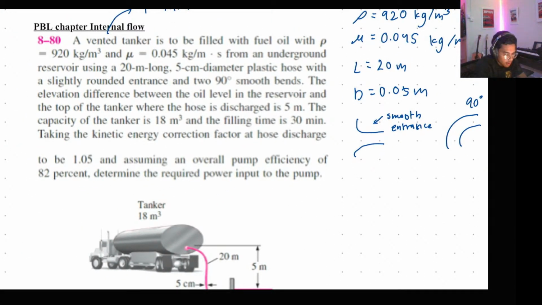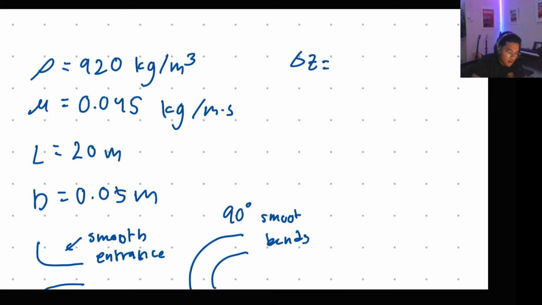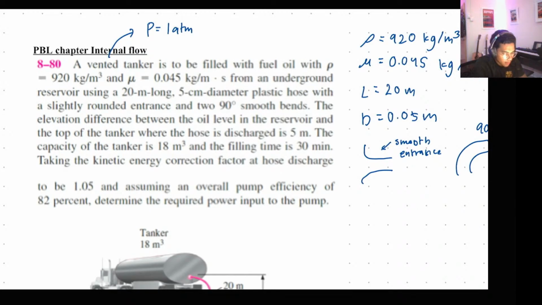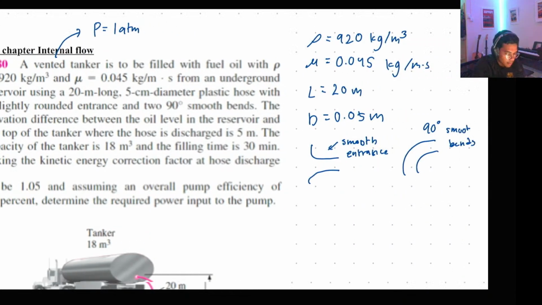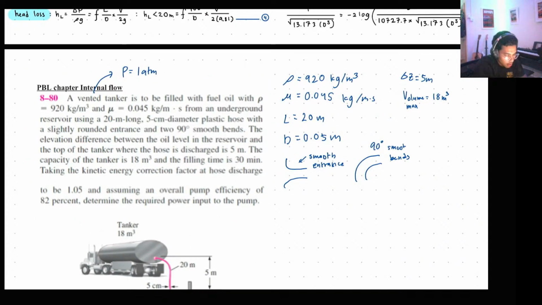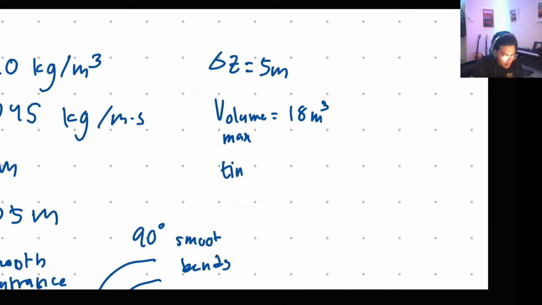The elevation difference between the oil level in the reservoir and the top of the tank where the hose is discharged is 5 meter. Delta Z equals 5 meter. The capacity of the tanker is 18 meter cube, and the filling time is 30 minutes.